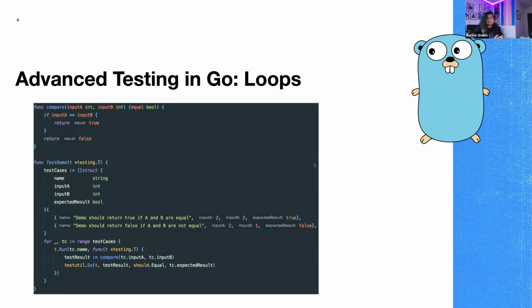So advanced testing in Go, you can use loops a lot of the time. Just an example right here, I built a compare method. This compare takes the two inputs, compares them together, returns true or false. And then now I have a test function, so it's prefaced with that capitalized Test. So the testing suite will pick it up, with testing.T.